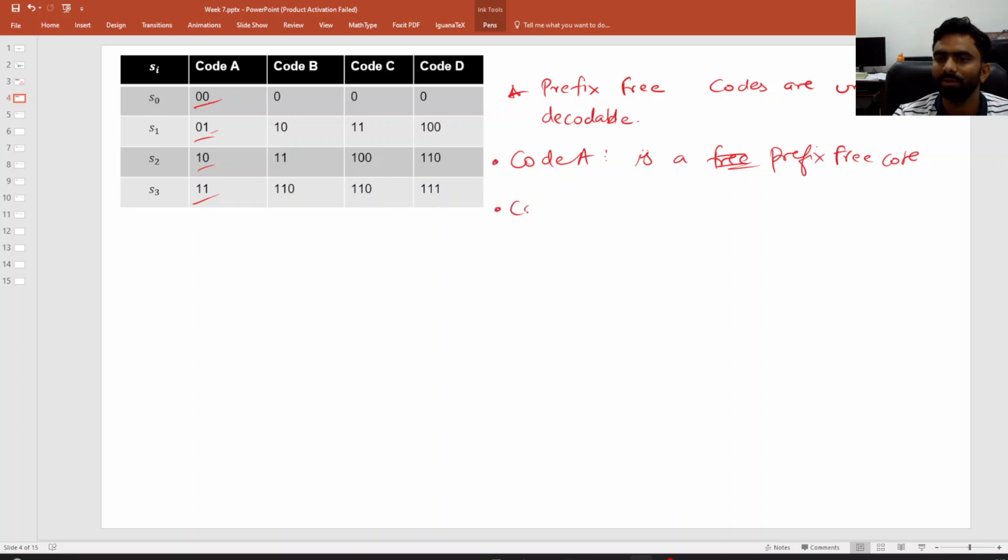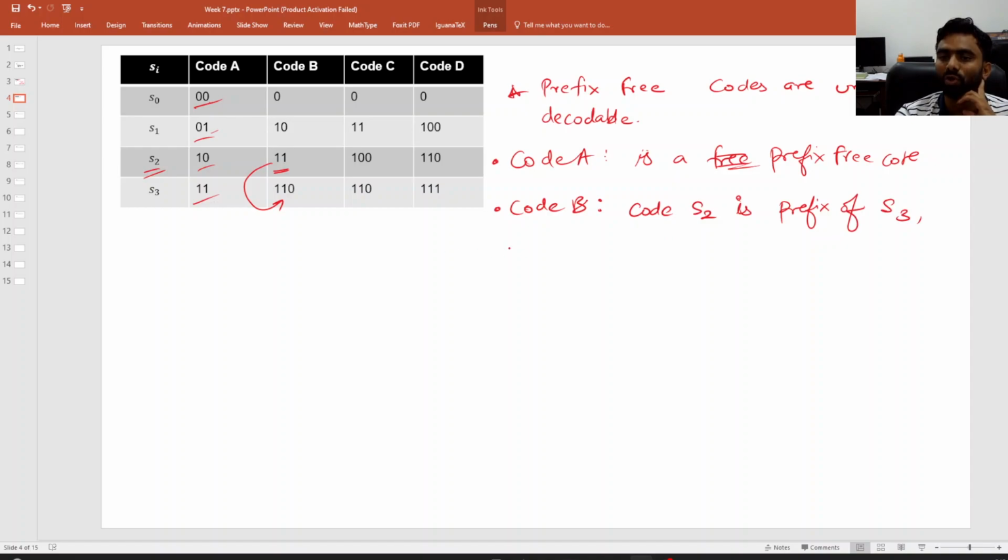Similarly for code B, code B is not. Why? Which code is a prefix of another code? Can you tell, sir? 11 and 110. Yes, the code for S2 is a prefix of S3. So symbol S2 is a prefix of S3.